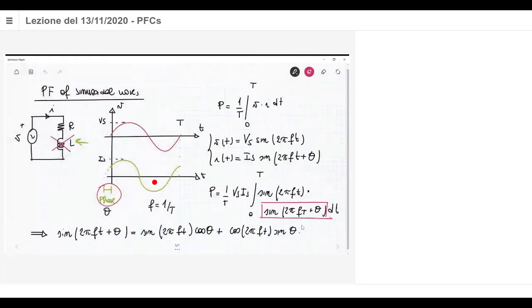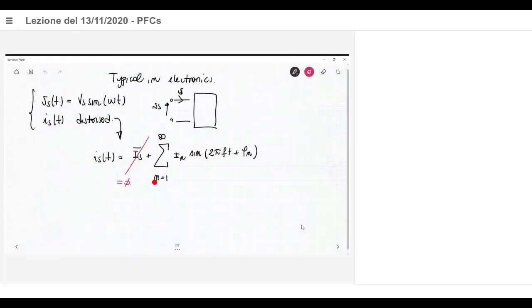So I'm putting myself in a real practical condition that I can have in real electronic circuits. This is the expression of the current, which is distorted: you have the fundamental plus all the harmonics.